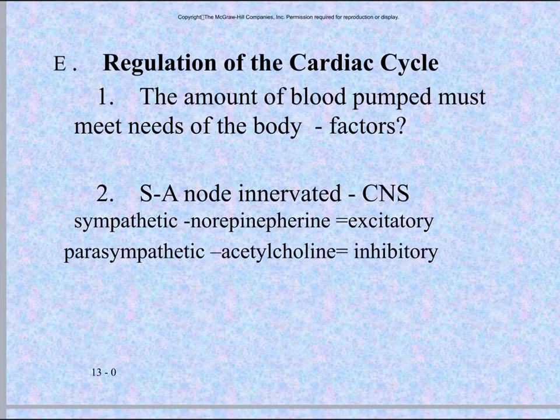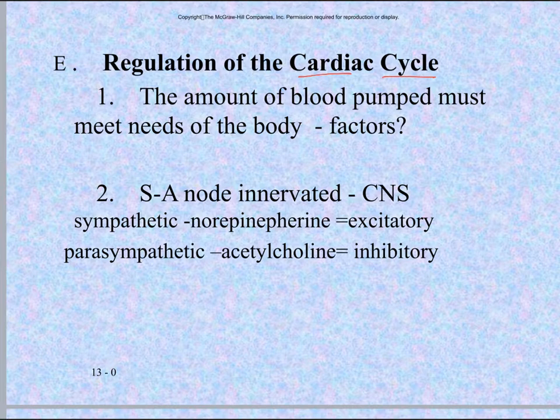We know that regulation and circulation of blood is very important. Many organs need to perfuse blood to supply them with nutrients and oxygen specifically. And we have what's called the cardiac cycle. This cycle is responsible for regulating the amount of blood and the force of blood being moved through vessels.